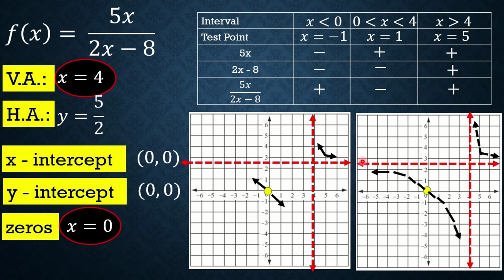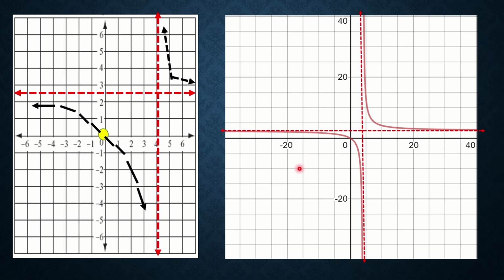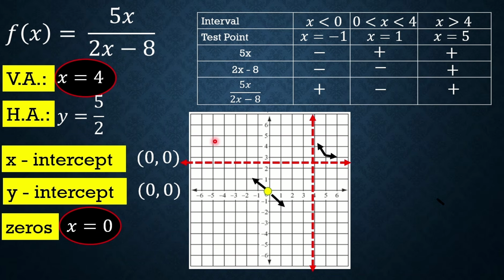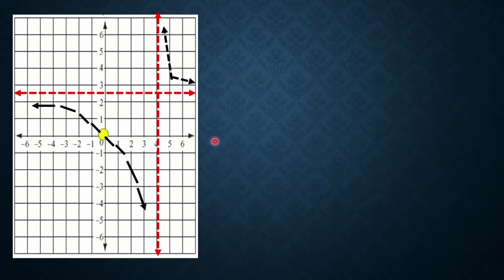Ito yung mga vertical asymptote at horizontal asymptote natin, parang sila yung serve as a wall or anong tawag natin dyan? Boundary nung graph natin. Okay, using Desmos, yung ginagamit kong graphing app. So, ito yung actual sketch nung graph ng given function natin, 5x over 2x minus 8.